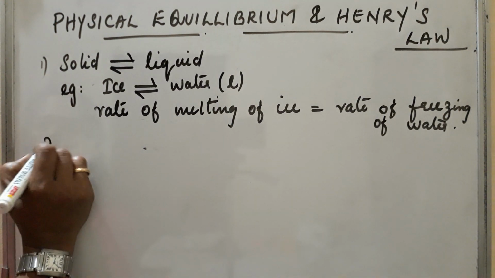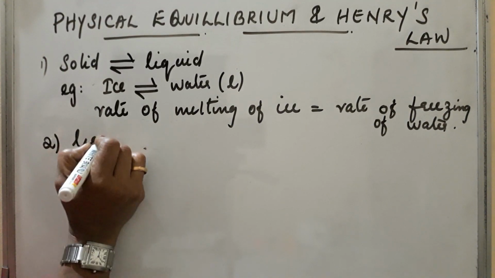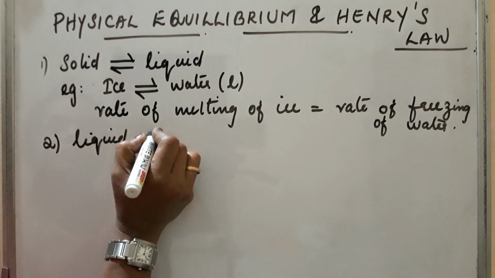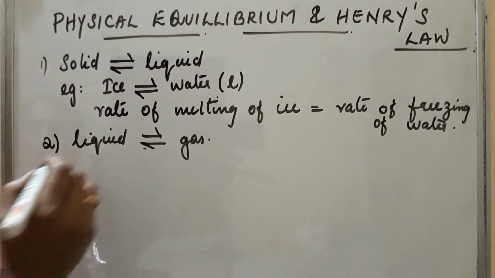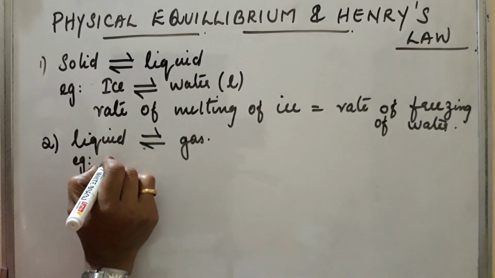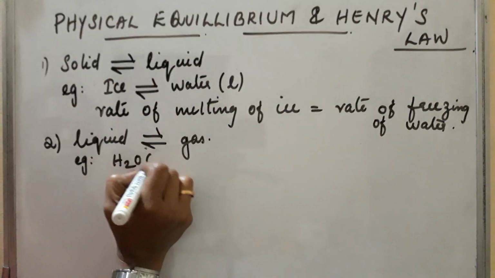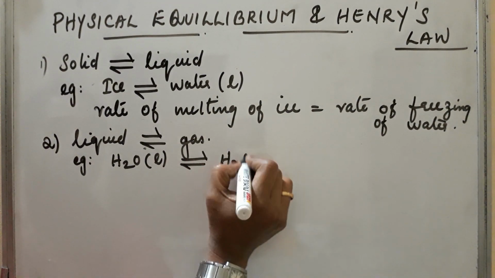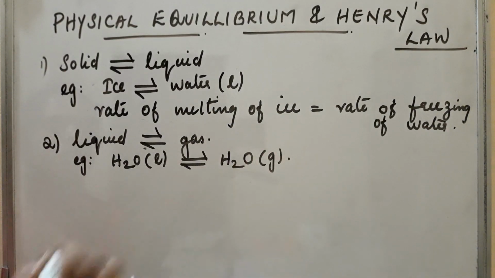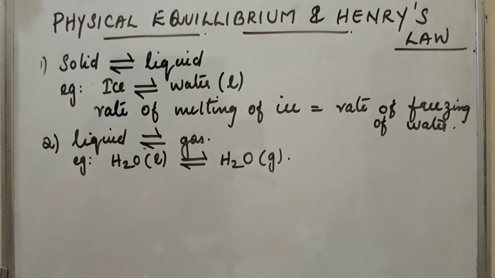Now, second one, liquid-gas equilibrium. In this process, for example, if we take water, liquid gets converted into steam, that is water in gaseous state. Here the process is taking place, and after some time, what happens?